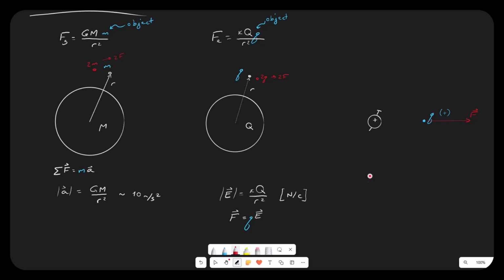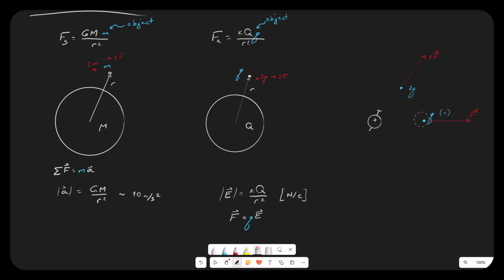That's for force. If I take away that charge, there should be something left there, right? If I pick something here with a charge of 2q, I'm going to get double the force, but that's going to go out this way.